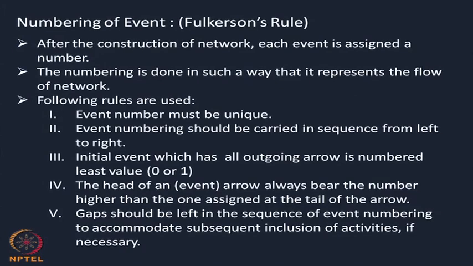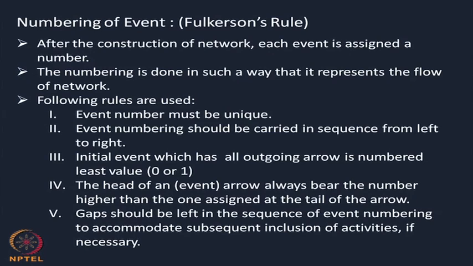The numbering is done in such a way that it represents the flow of the network. That is, numbering 1, 2, 3, 4 like this, so that from the number itself you can know which activity has to be completed first, and then which activity should occur, and so on.